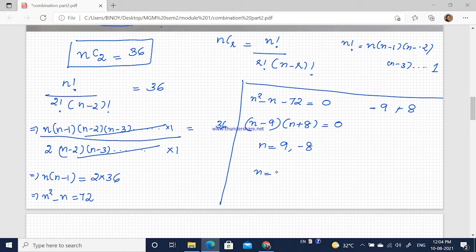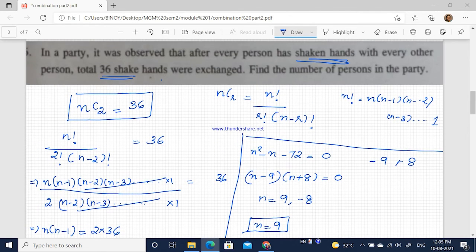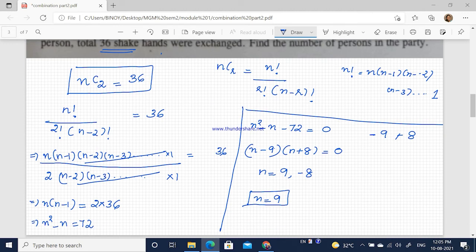But we select only the positive number. So n is equal to 9. So in order to get 36 handshakes, the number of persons involved will be 9. So how do you get into combination? nC2 means 2 people are involved in a handshake. So nC2 is equal to 36, and we expanded it into the quadratic equation.